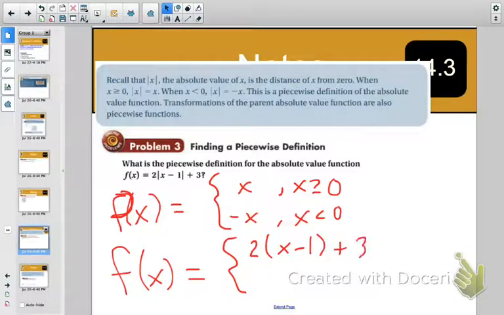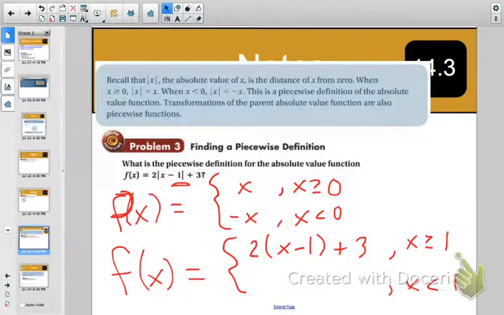So it basically stays the same, except your boundary point's going to move as well. Because it started at 0, you're going to move it right 1, up 3, but it's still x is greater than or equal to positive 1. The 3 doesn't really matter because it's moving vertically. So you're just looking at the negative 1 there to figure out your boundary point. And then this one down here is going to be x is less than 1.